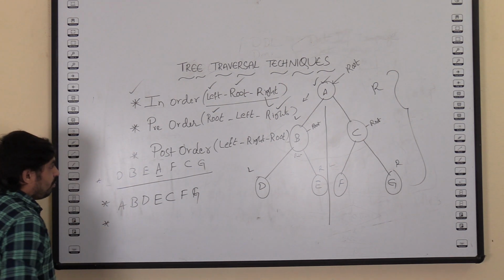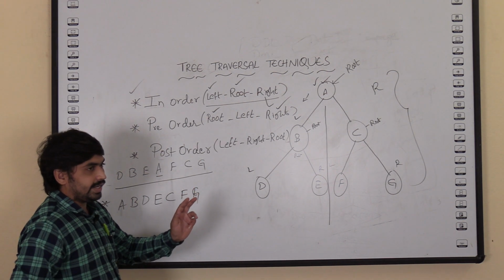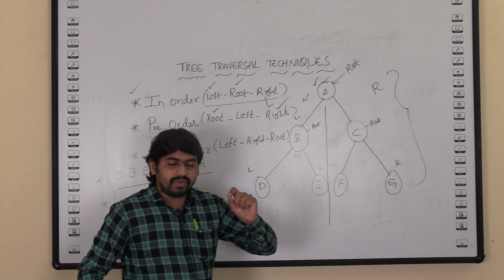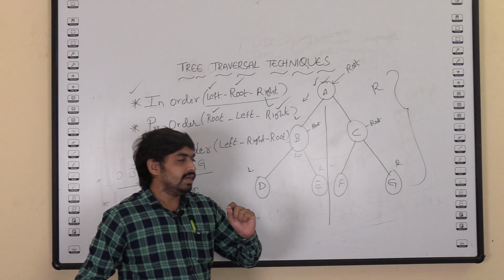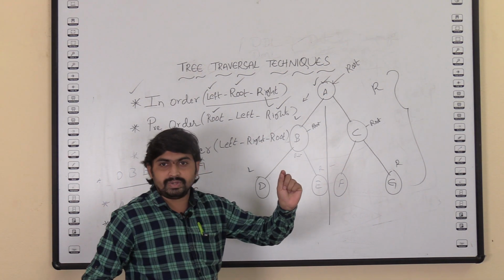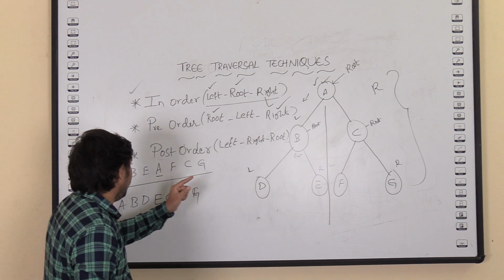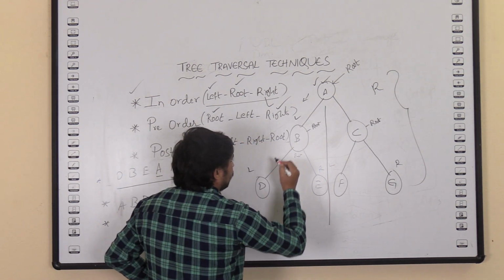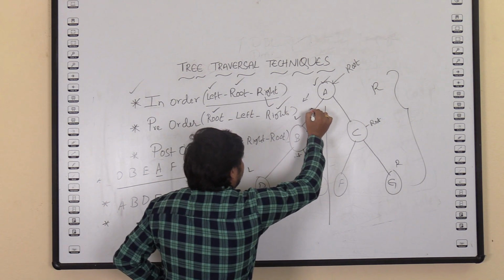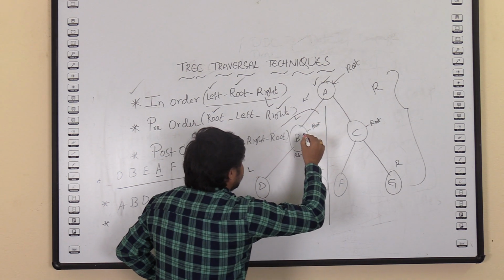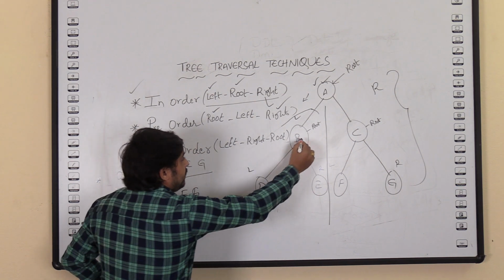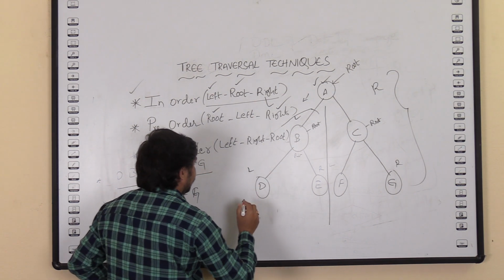Another one is the post-order technique. This post-order technique is a very important technique. The root node will be represented at the last, which is very clear from this. I choose the left of the tree. This is the left block of the tree. In this left block, B is the other root of the tree.